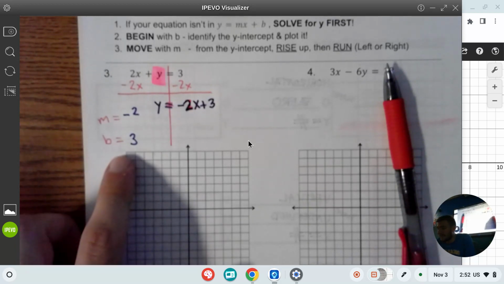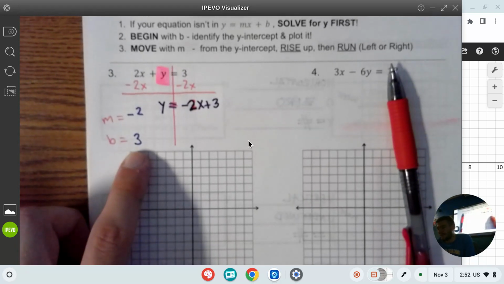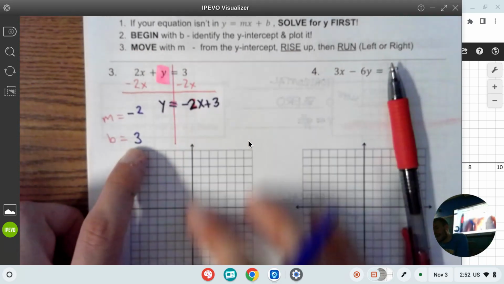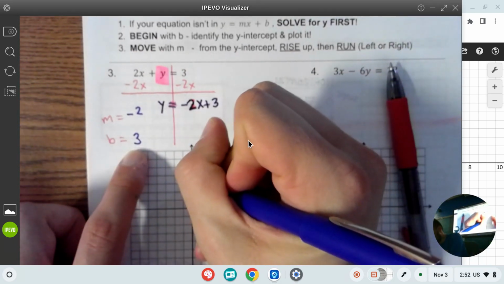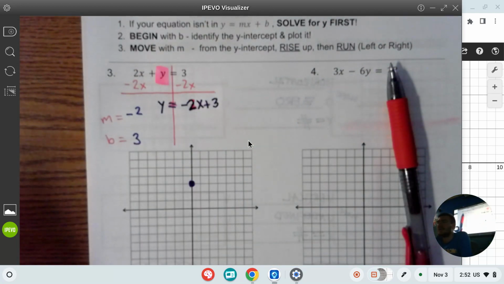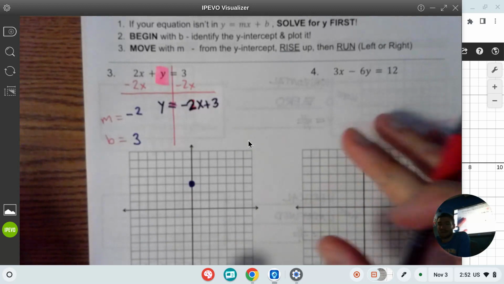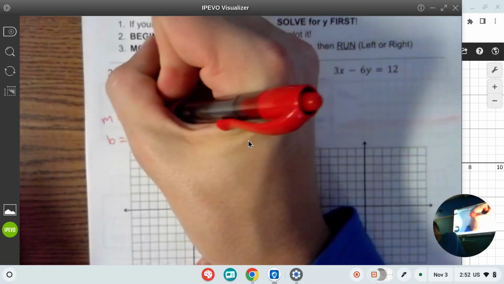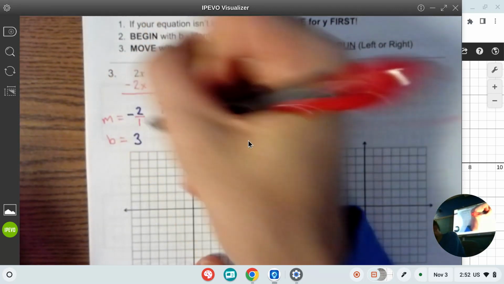And here's where we're getting into the strategies from yesterday. The B is where we start. The B is always on the y-axis, so I'm going to put the value right here. That's my initial point. Once we have that, now we're going to use the M to get the rest of the spots. We're going to put it divided by 1.